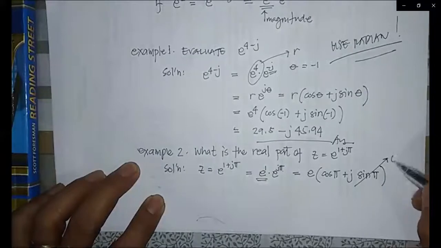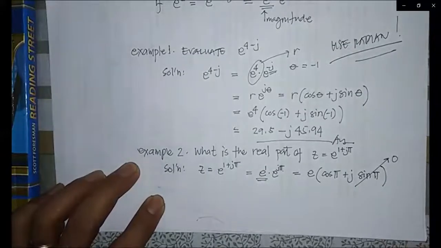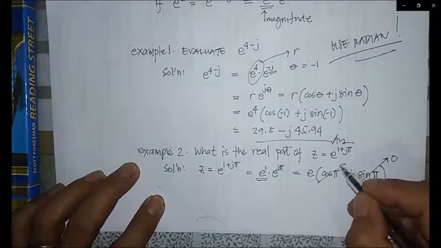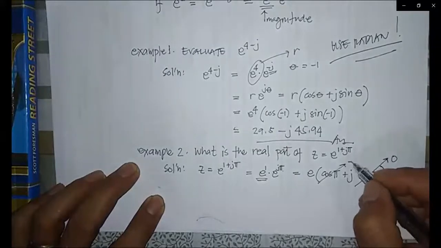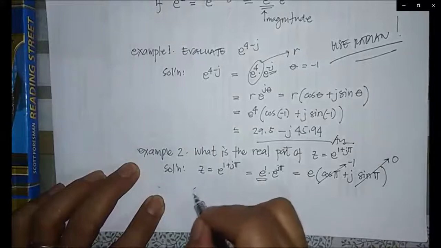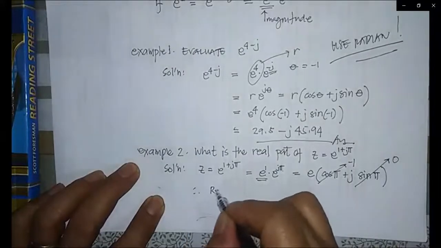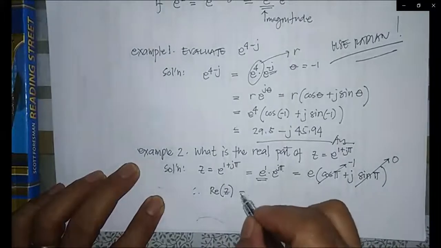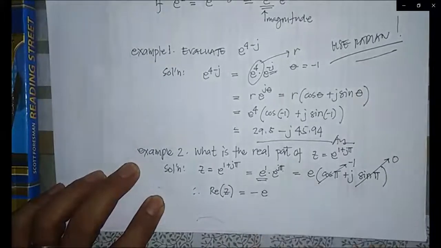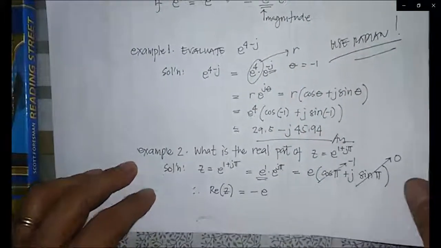Take note that sine of pi is equal to 0, and cosine of pi is equal to negative 1. So the real value of z is equivalent to negative e. That's the real value. All right.